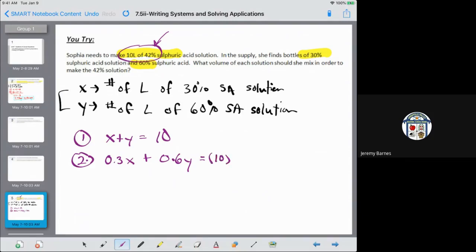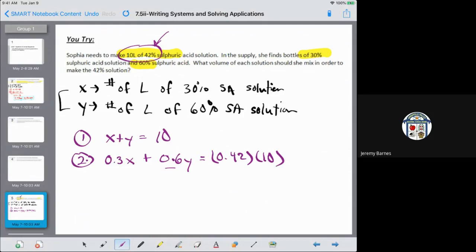And we know that the solution, let me rewrite it the other way just so it stays in the proper order. We were writing our concentrations first, so we know the concentration has to be 0.42, and we know that we're going to have 10 liters altogether.